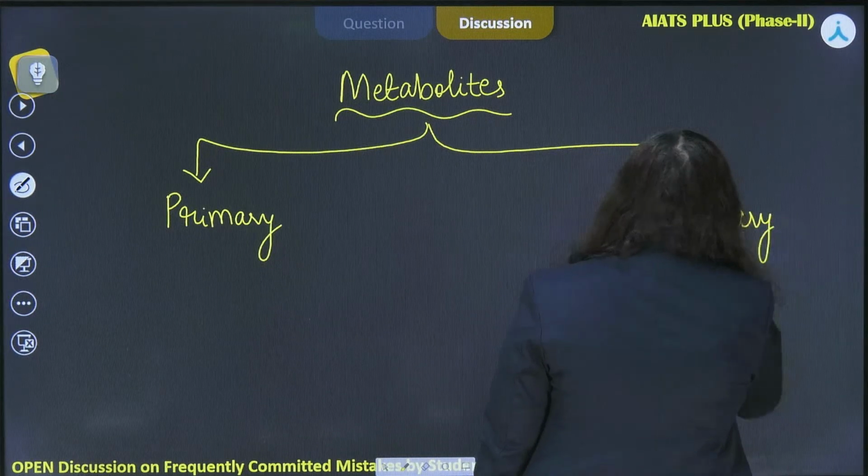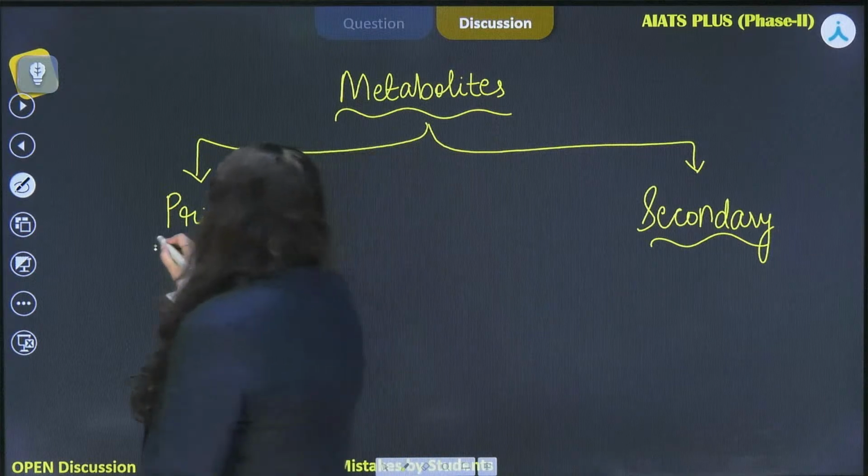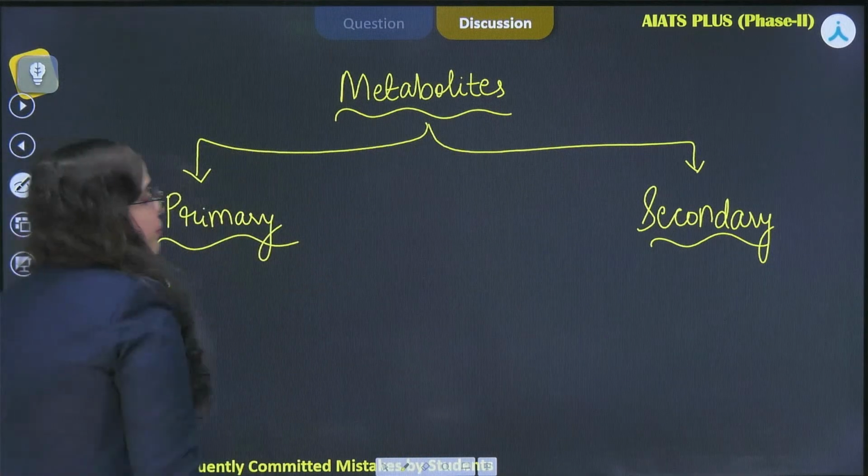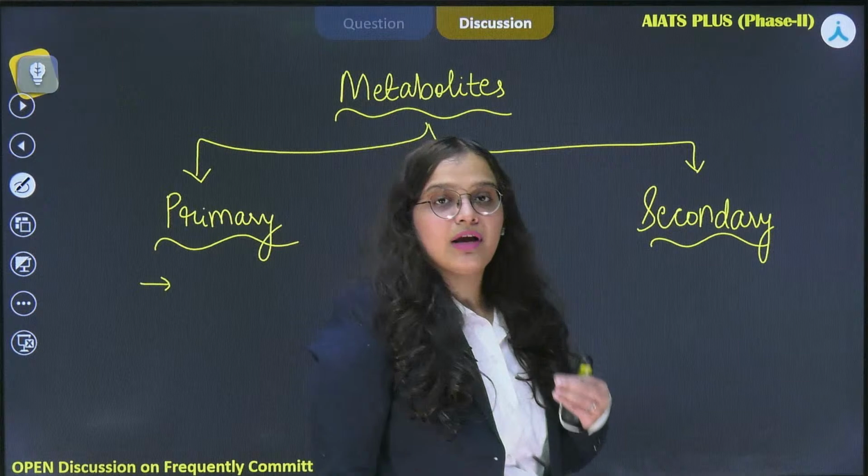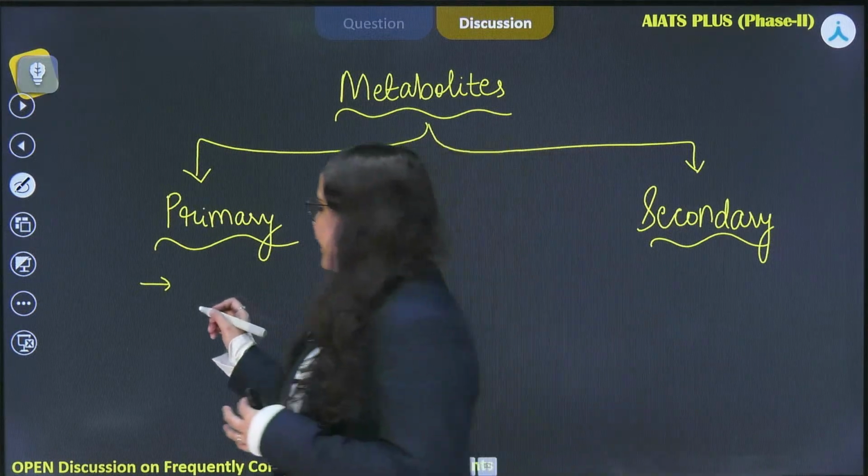And as our NCERT writes, primary metabolites play a major role in the development processes occurring in our body.